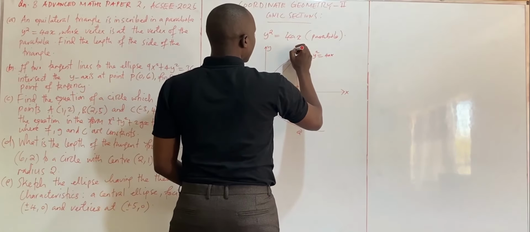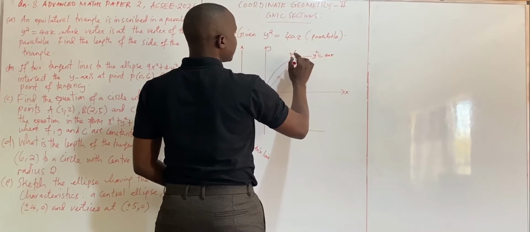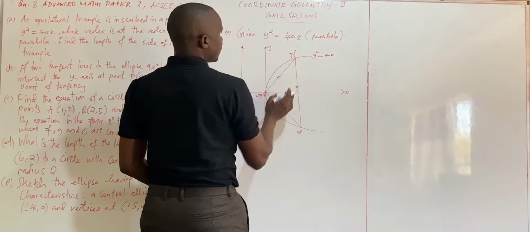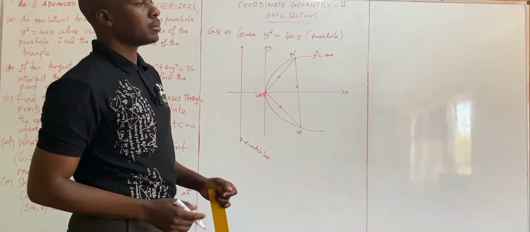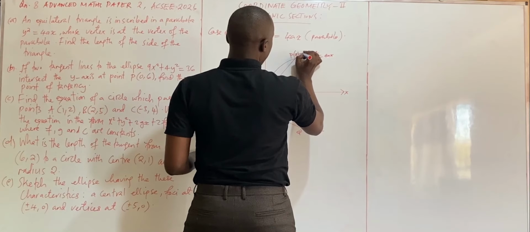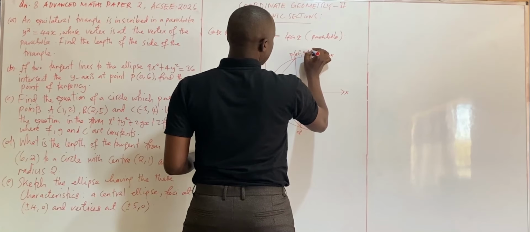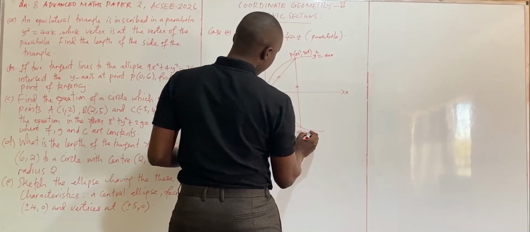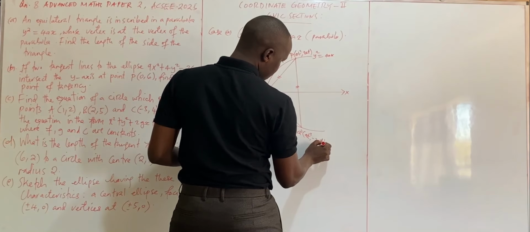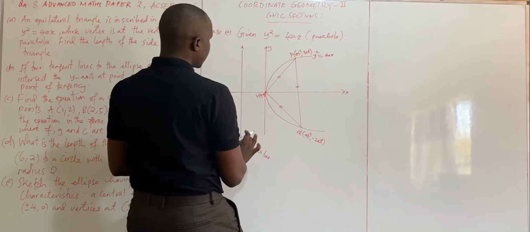Now we can choose these variable points to be parametric points of the parabola, so the simplification is simple. Here we have (at squared, 2at), and here the parametric point will be (at squared, negative 2at), because here we are on the negative side of the y-axis.